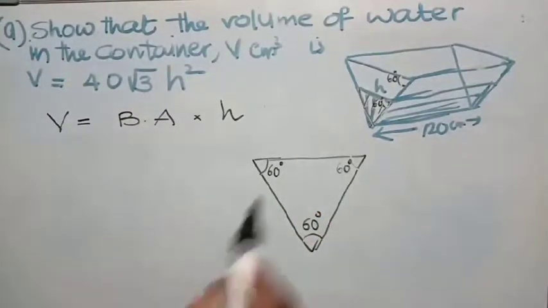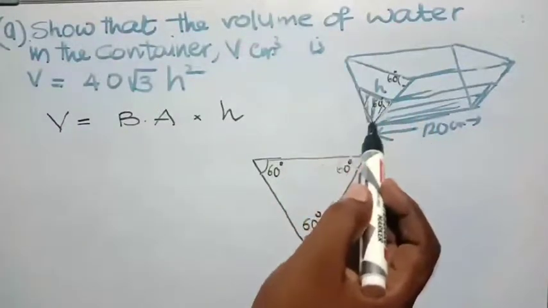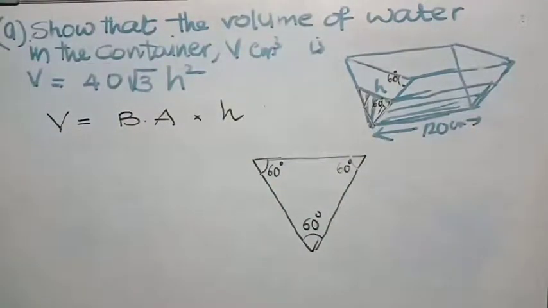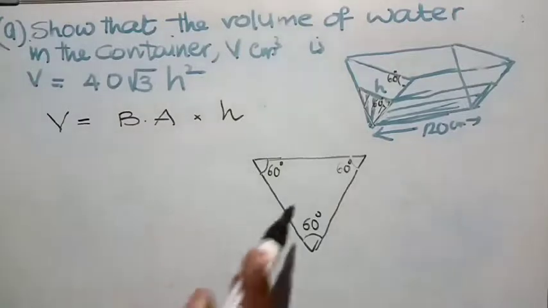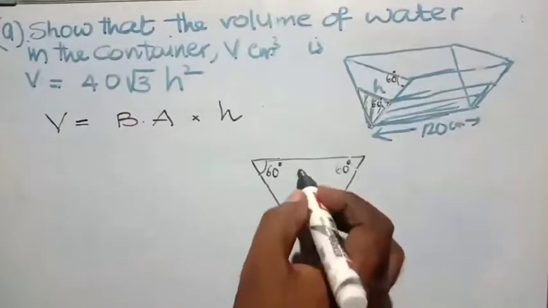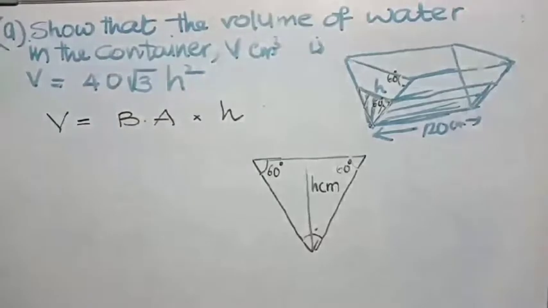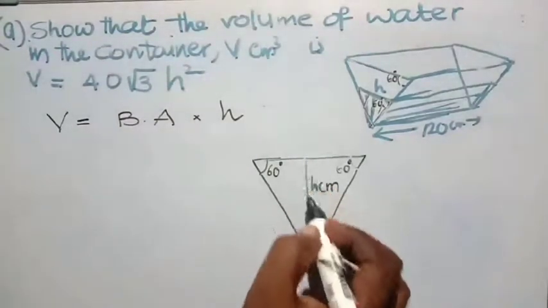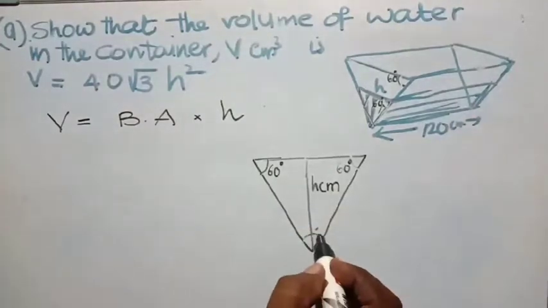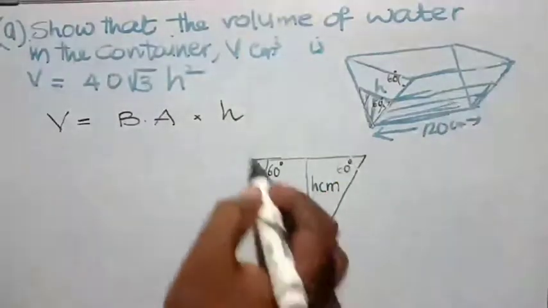That means as our base is an equilateral triangle, the shape of the base of water is also an equilateral triangle. Now we have to find the area of this. Given that this height is h centimeter, we know this height divides the angle into two equal parts because it is an equilateral triangle.